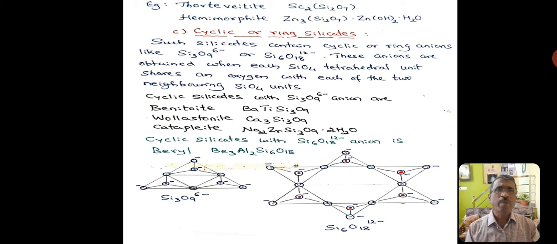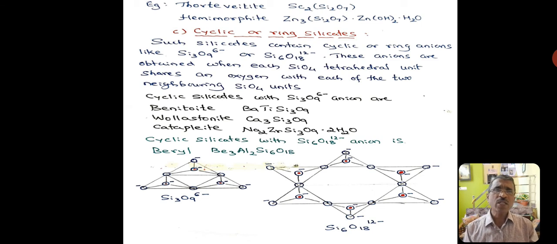So the formula becomes Zn3Si2O7·Zn(OH)2·H2O. Coming to the third type of silicate, called the cyclic or ring silicates.